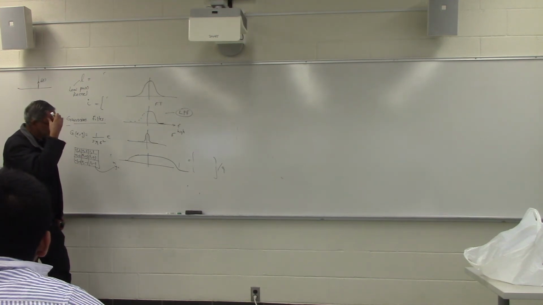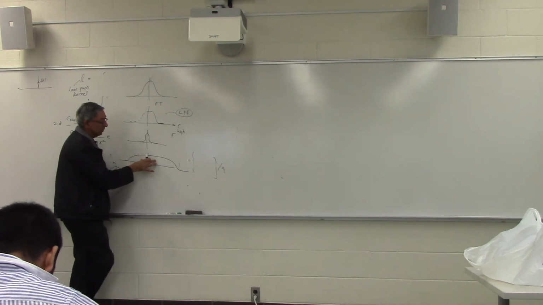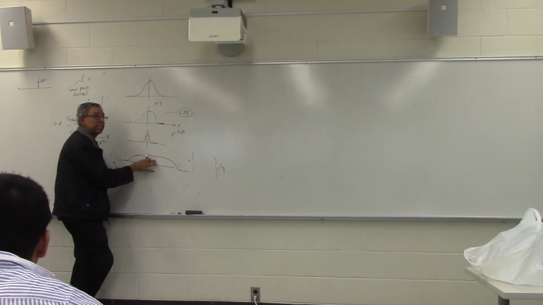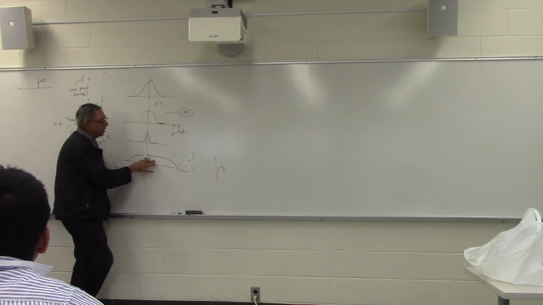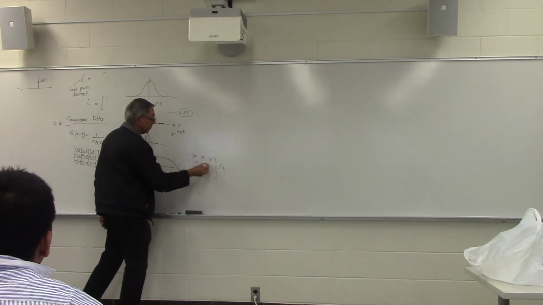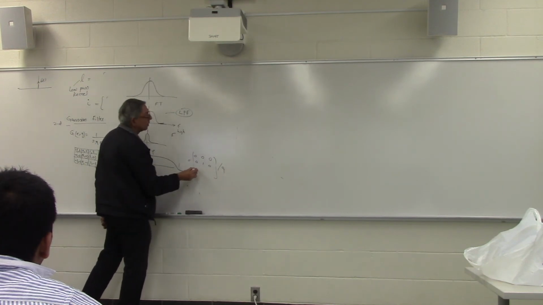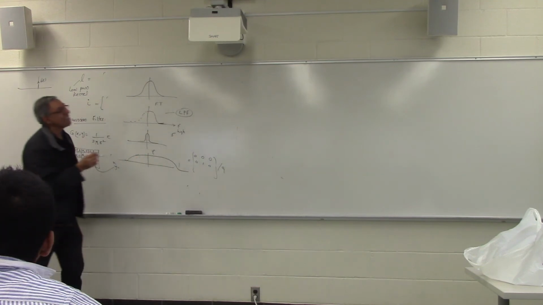Then it's passing all the frequencies. That means it's not doing anything to the image. So it will be more like an identity, because this is the frequency domain behavior.